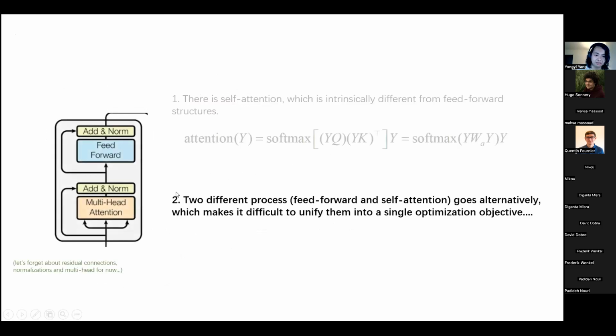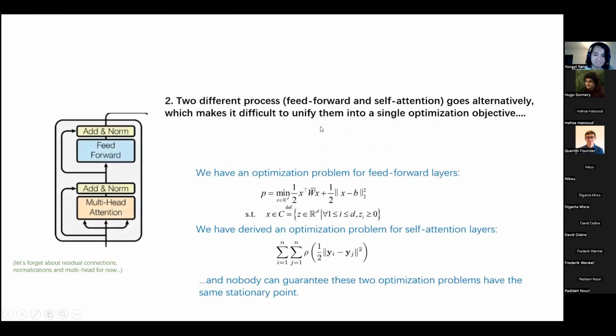Our next problem: we have two different components, the feed-forward structure and the multi-head attention, and it's likely that these two components will not converge to a stationary point. We want to find a unified energy for them, but they may not even converge.